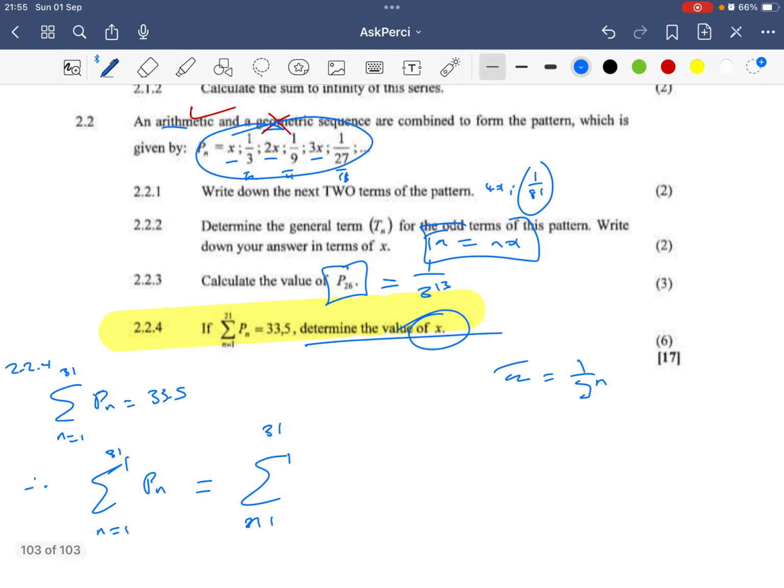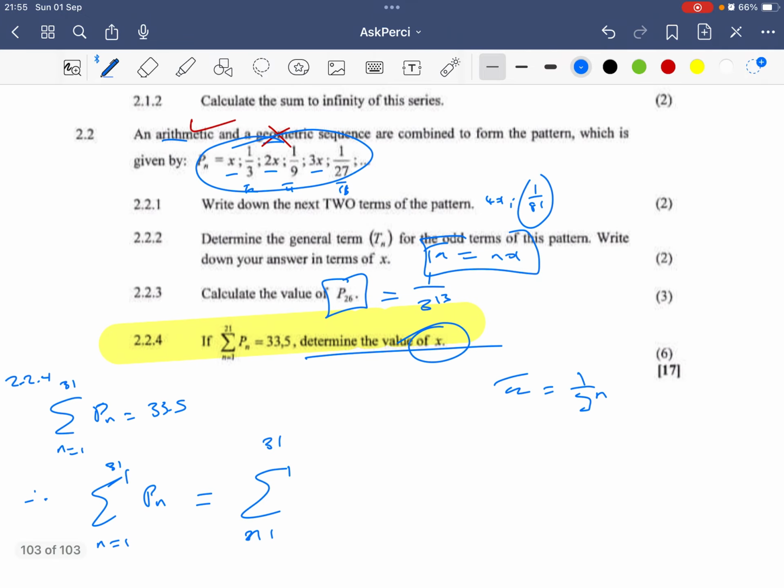The odd numbers form an arithmetic sequence, and the even numbers form a geometric sequence. In this case, the arithmetic sequence is nx, and the even sequence is 1/3 power n. Make sense? Do you see where we're getting nx plus 1/3 power n?